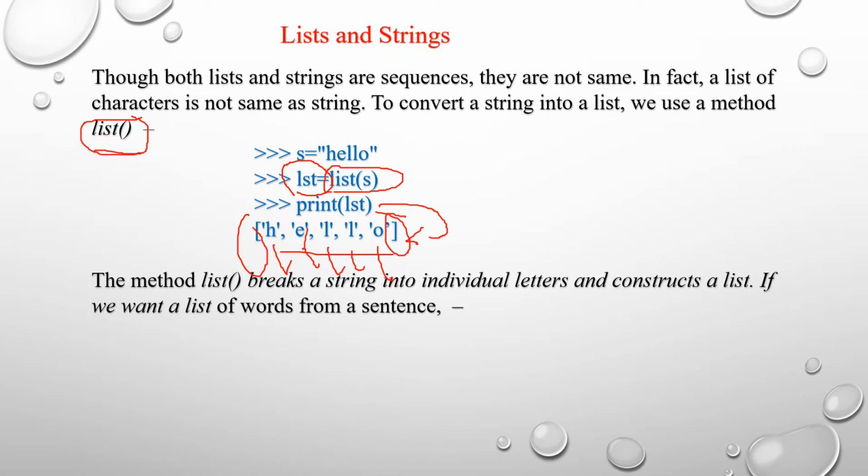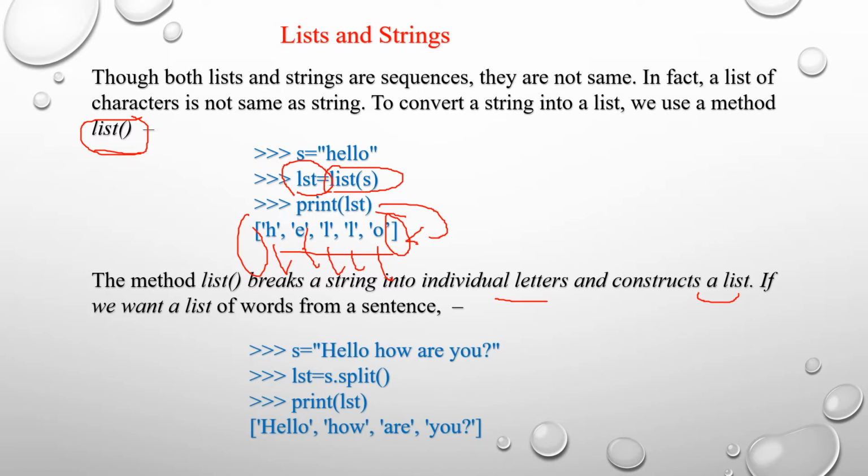The method list breaks a string into individual letters and constructs a list. If we want a list of words from a sentence, for example s is equal to "hello how are you", we have to use the split function.